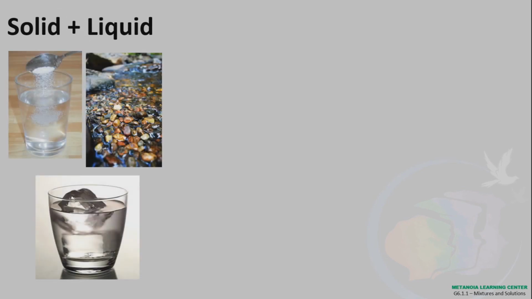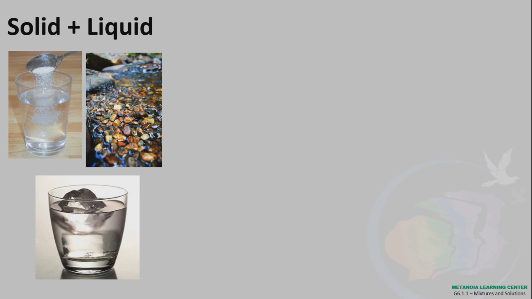Examples of solid and liquid mixture. We have salt or sugar solution, gravel and pebbles in rivers, water, and ice cubes. For the salt or sugar solution, the salt or sugar is the solid, while the water is the liquid.